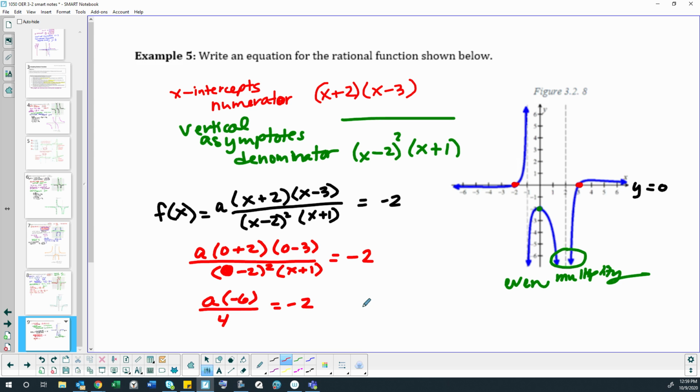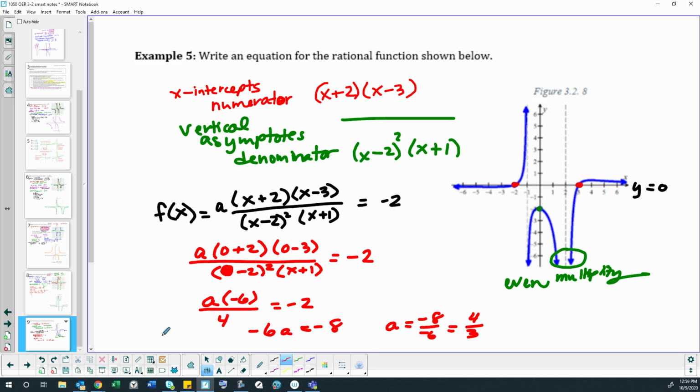So we end up with negative 6a over 4 equals negative 2, and I'm going to cross multiply to solve this. So negative 6 times a should equal negative 8 when we cross multiply that. So a should equal negative 8 divided by negative 6, which is 4/3.